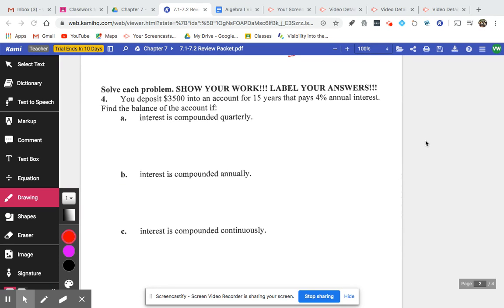We want to find the balance of the account if interest is compounded quarterly first. So here's the general formula that we're going to use.